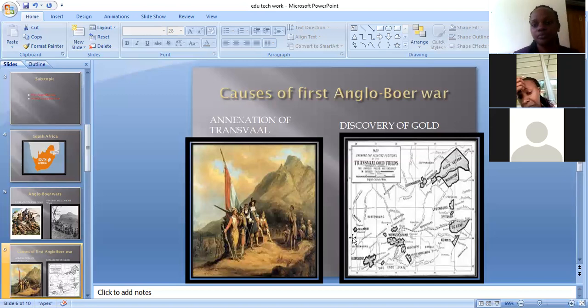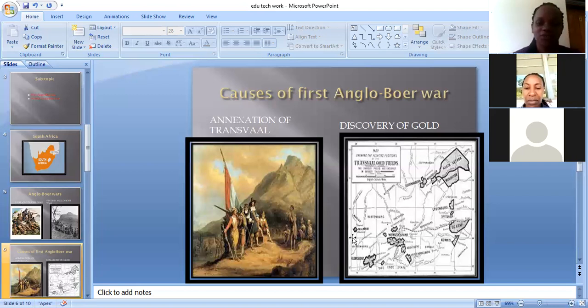I think, as you told us, the Anglo-Boer War was between the Dutch and the British. On one side there is the British, and on the other side are the Boers. The British wanted to annex or take away the so-called Transvaal, which belonged to the Dutch, and this provoked the Dutch people, hence resulting in the first Anglo-Boer War.